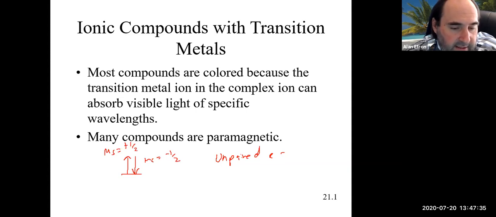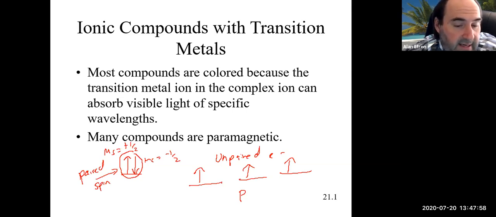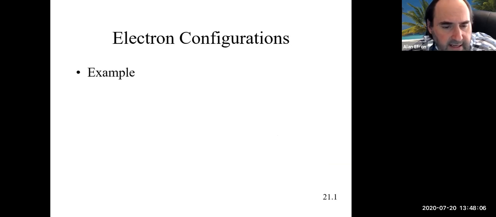When they're in the orbital in this direction, this is what is referred to as paired spins. And when we just have one electron in there, that's how they go into, say, p orbitals. They go in one at a time and then come back and pair. Something like this would be paramagnetic. Again, unpaired electrons is what we're looking at. Paired off electrons are not involved in paramagnetism.